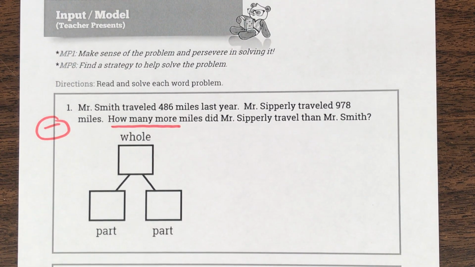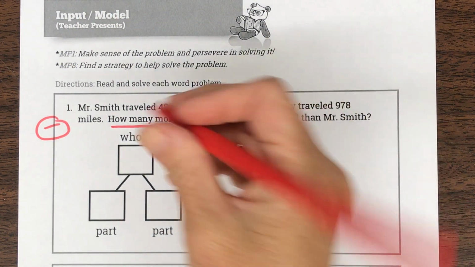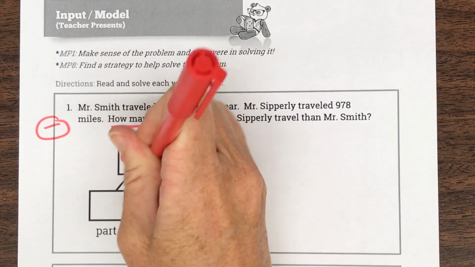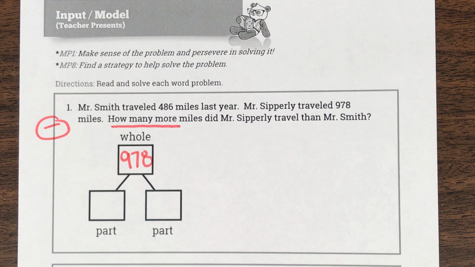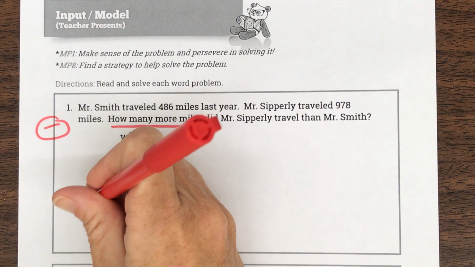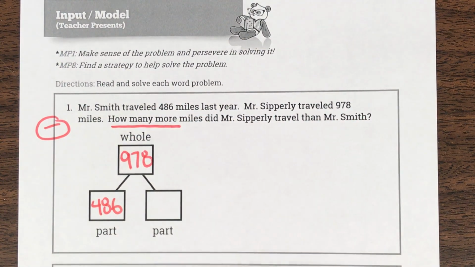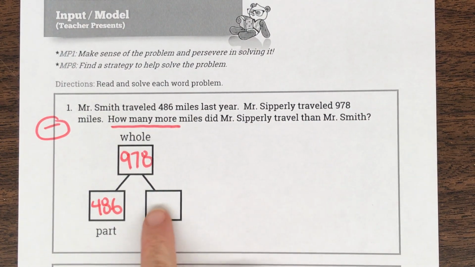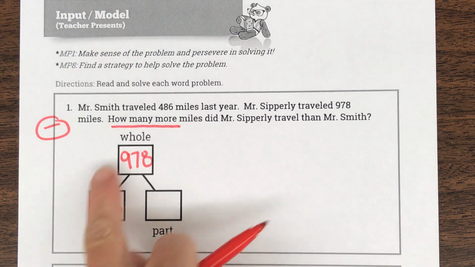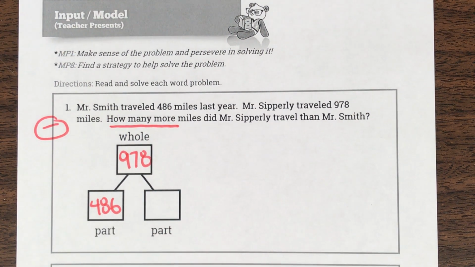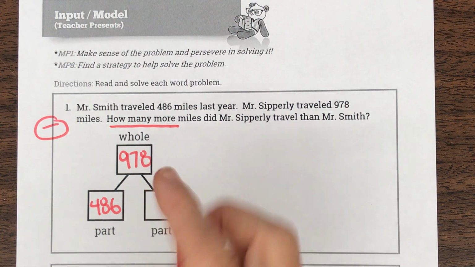Okay, so what I notice is the whole, the large number, is 978. Okay, now that is how much Mr. Sipperly traveled. Mr. Smith traveled 486, and then this is going to be the how much more, because if I added what Mr. Smith traveled plus the how much more did he travel, I'm going to get the whole.